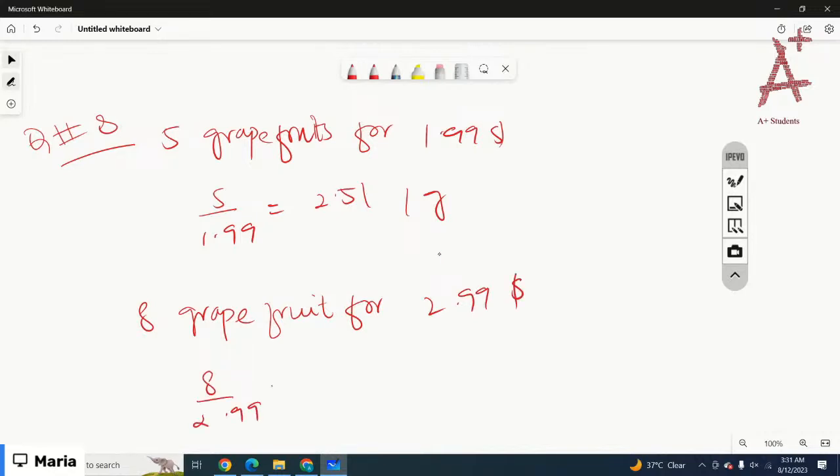So 8 over 2.99 is 2.68 per dollar. So which is the greater value? This one. That means this is a better buy, right? Because at 2.68 you will get more grapefruit. So the second one is a better buy, right?